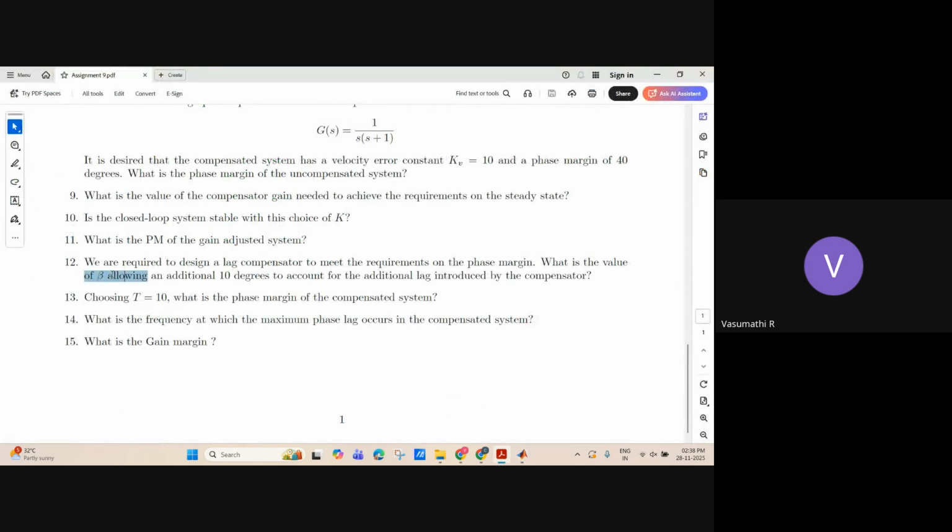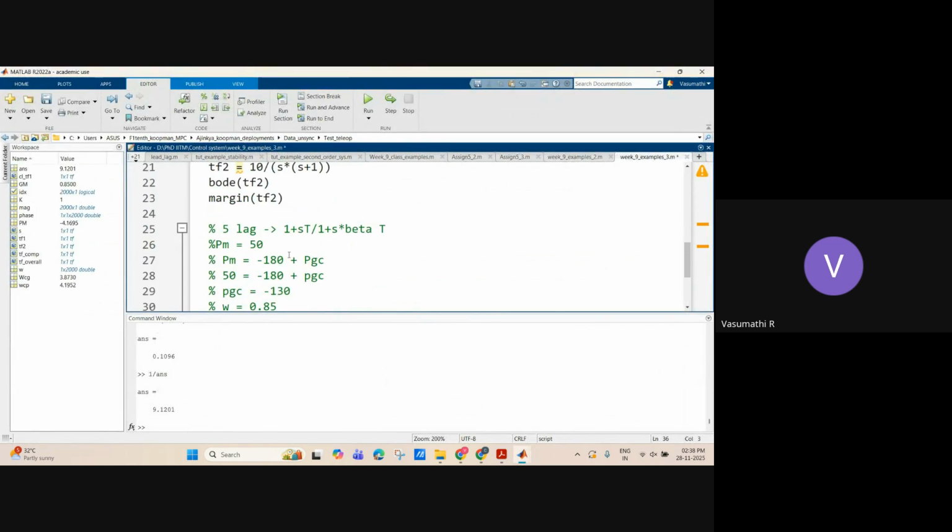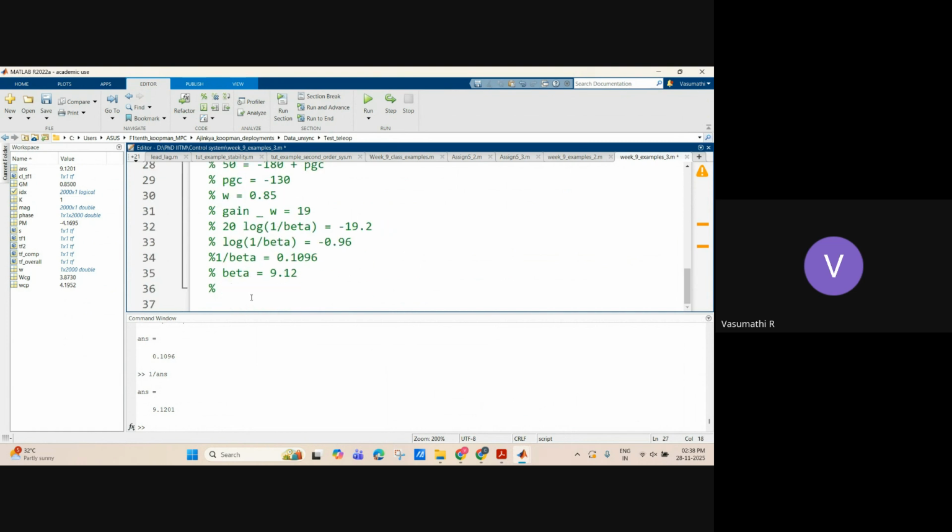We have calculated the beta. Choose T equal to 10 and what is the phase margin of the compensated system? Now just substitute in the lag compensator transfer function, with T equal to 10, beta equal to 9.12, and 9.12 into 10 again.